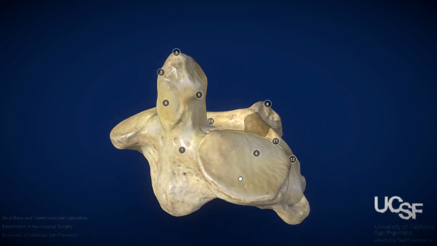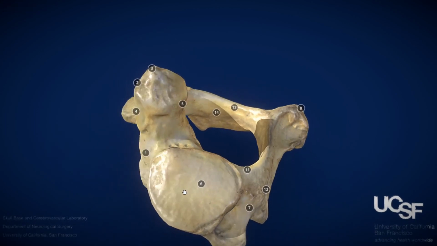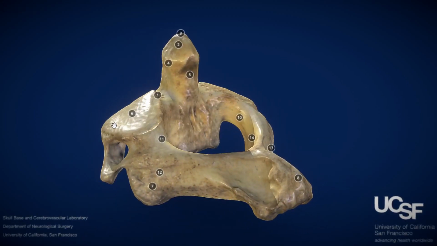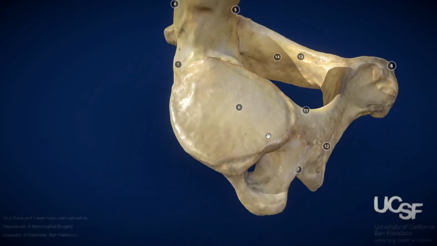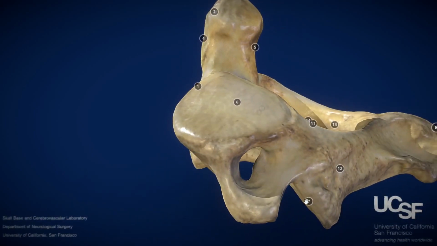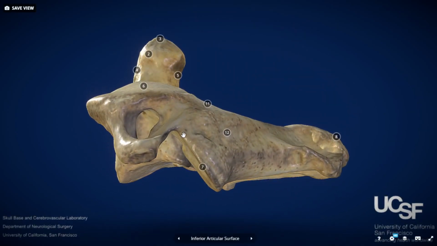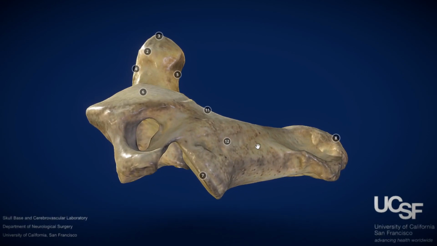Now moving laterally, we have the superior articular surface, which has a big surface that runs obliquely from lateral to medial, and it has a more horizontal direction than the inferior articular surface, which lies more vertically and practically emerges from the junction of the lamina and the pedicle.